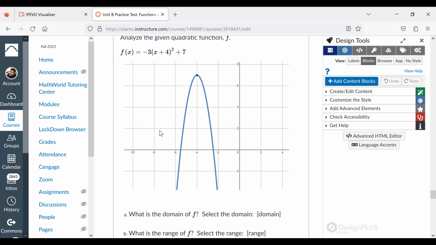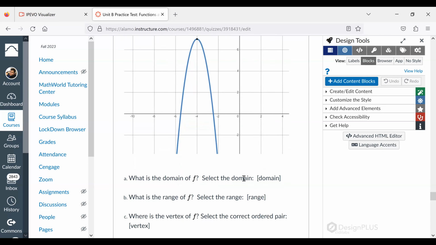Okay, that's easy. What about the range? What's the lowest value for the y's? Yeah, so negative infinity because it keeps going down. What is the highest y value? Yeah, it looks like 7. So negative infinity to 7. Just put a bracket on 7. That's it.